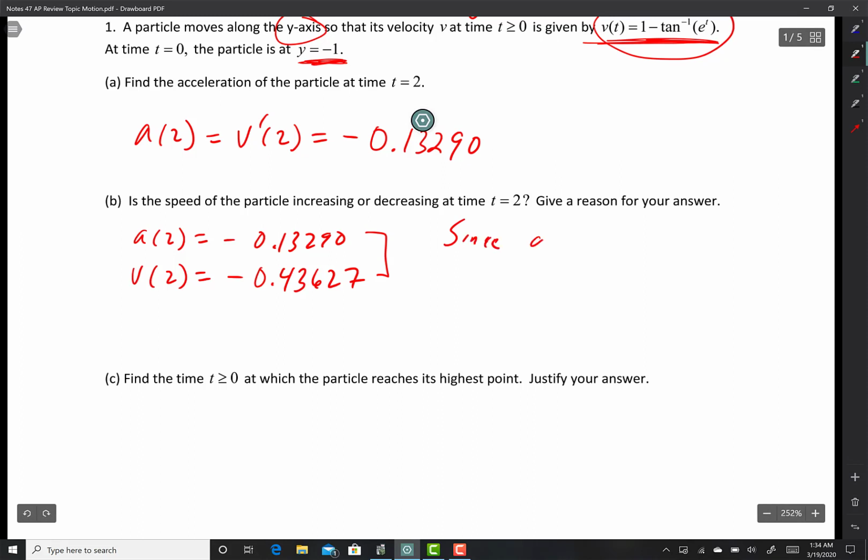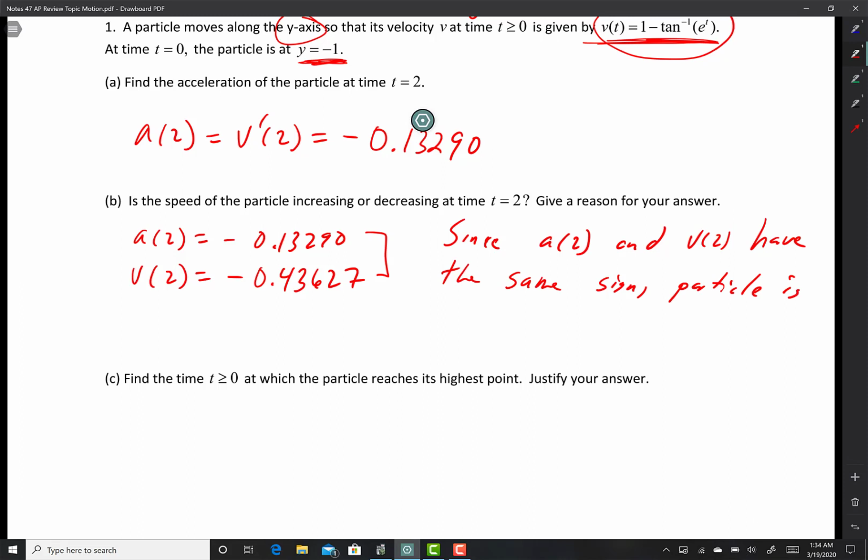Since A of 2 and V of 2 have the same sign, the particle speed is increasing at t equals 2. And I think that's full credit right there, guys.